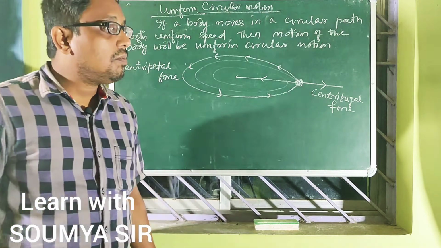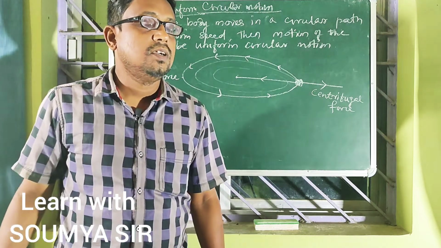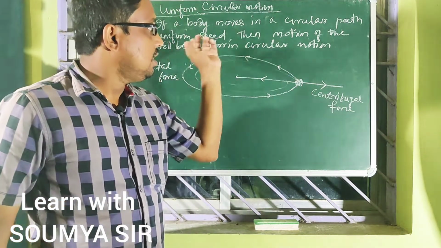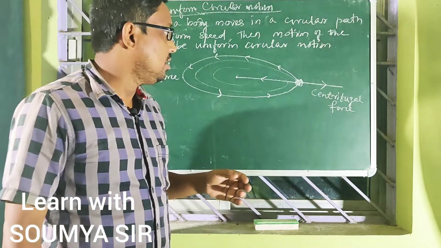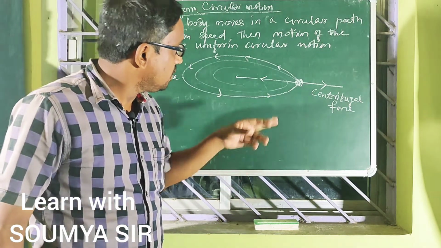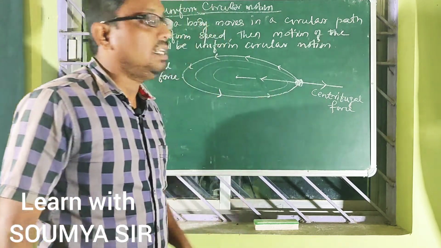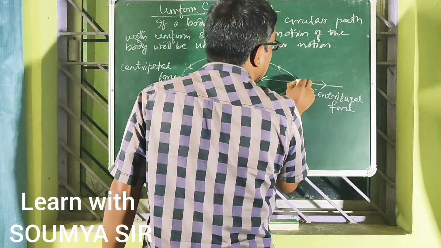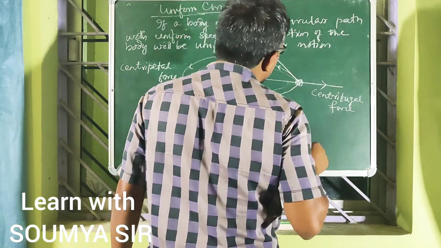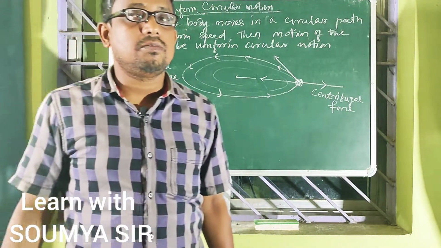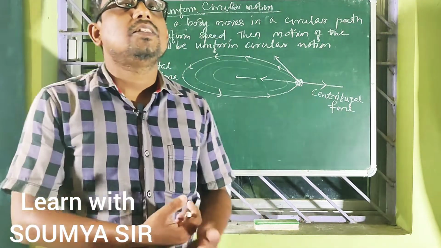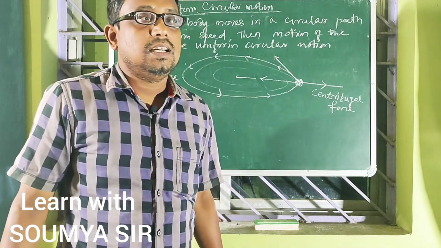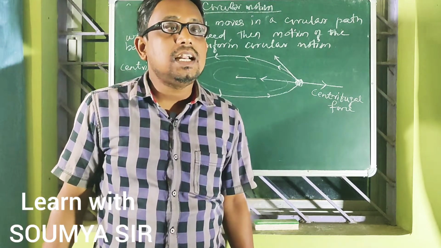Now, when the body is moving in the circular path, what is the direction of the body? Suppose I make the stone move in the circular path, and suddenly I break the thread. We will see that the body, instead of moving in the circular path, moves tangentially to the circumference of the circular path. It means the direction of the body moving in a circular path is tangential to the circumference.